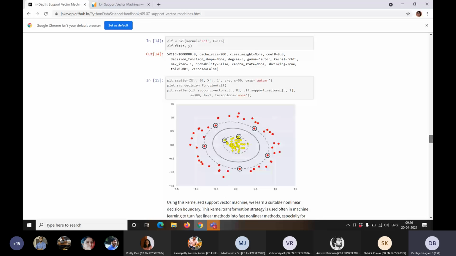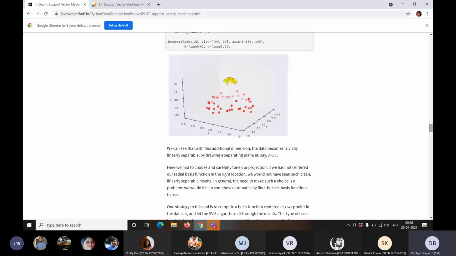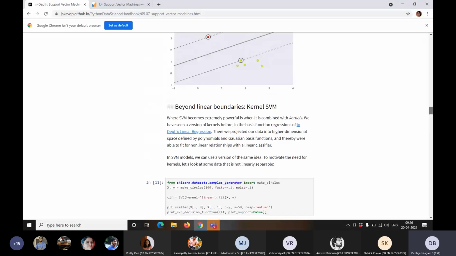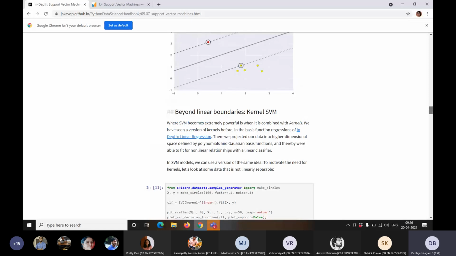So this is in two dimensions, but in the third dimension it is in space and you can have a plane. Working in three dimensions is computationally intensive, but the kernel trick allows us to work as if we are only in the lower dimensions. So please try this example.